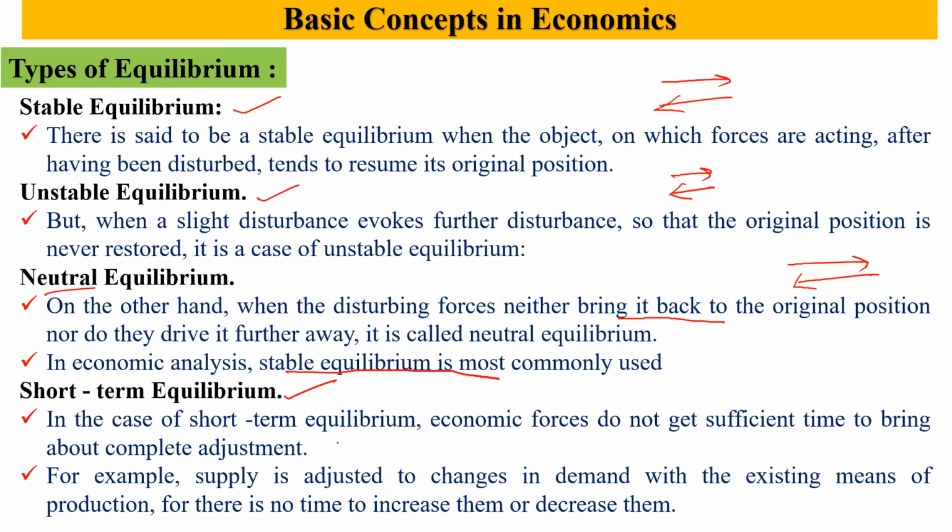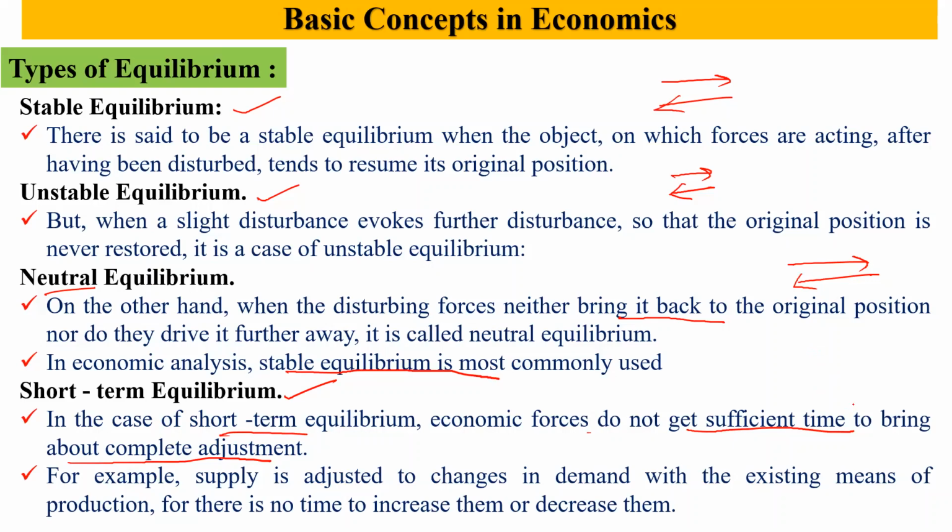Then next we have the short-term equilibrium. In case of short-term equilibrium, economic forces do not get sufficient time to bring about the complete adjustment. So, for example, supply is adjusted to changes in demand with existing means of production. Suppose for a commodity, take the example of rice.